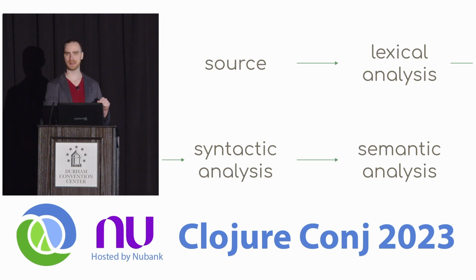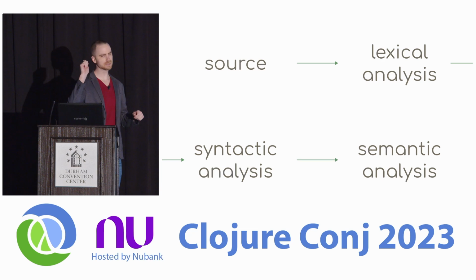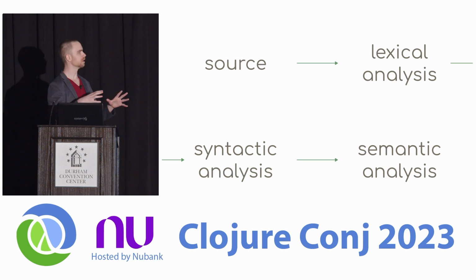We syntactically analyze it, there's another term, and we semantically analyze it. Now, a different way of thinking about these is lexical analysis is just tokenization, right? We take our source code, we turn it into a bunch of tokens. Syntactic analysis is where we take all of those tokens and we make some sense of it based on an understanding of what our syntax is for our language.